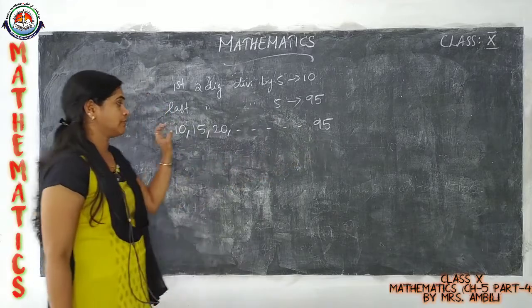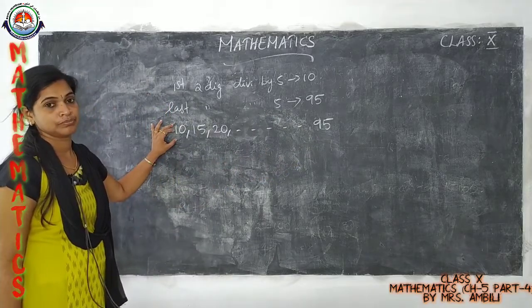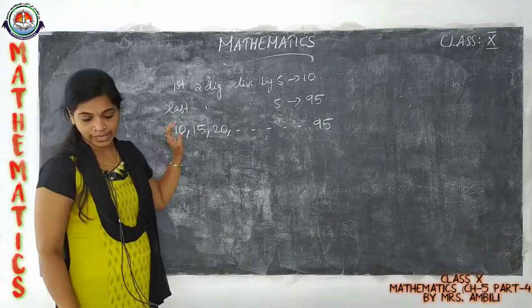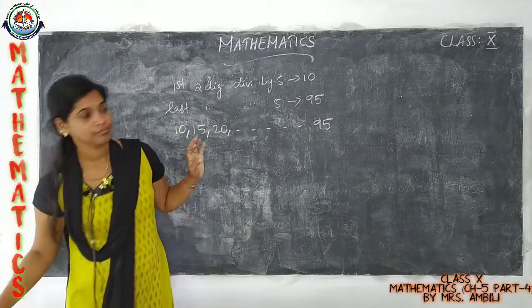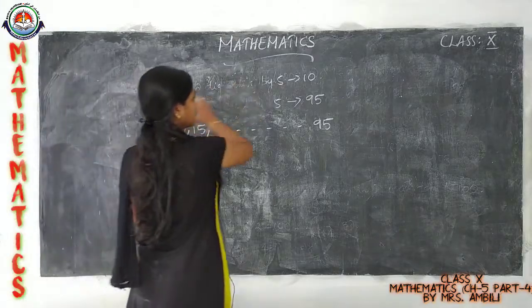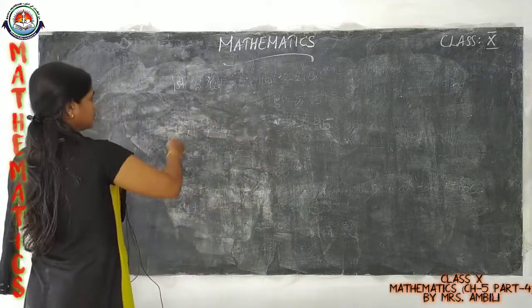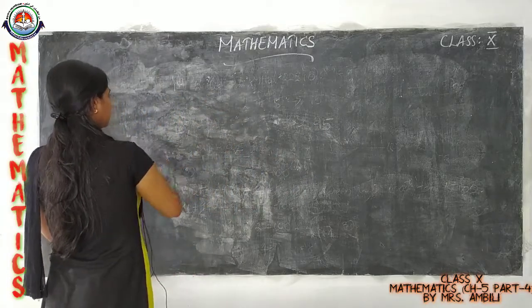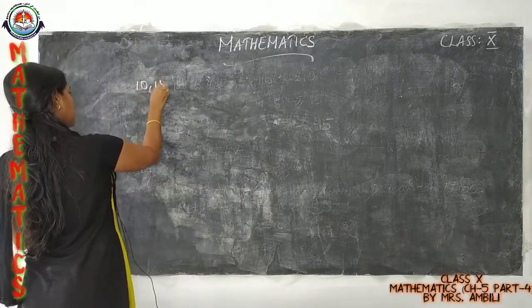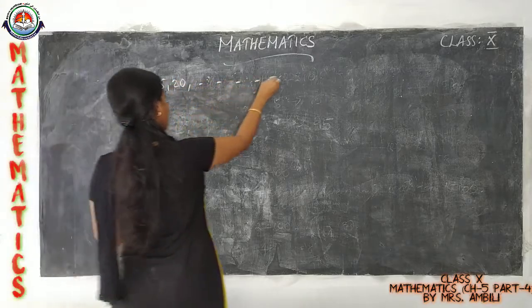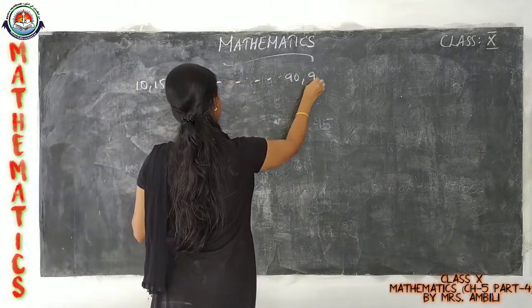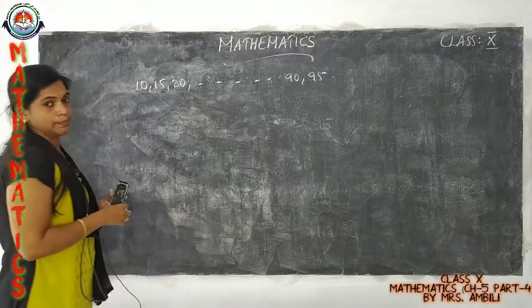Okay, so now we formed an AP. 10, 15, 20, etc., 90, 95 is our AP.